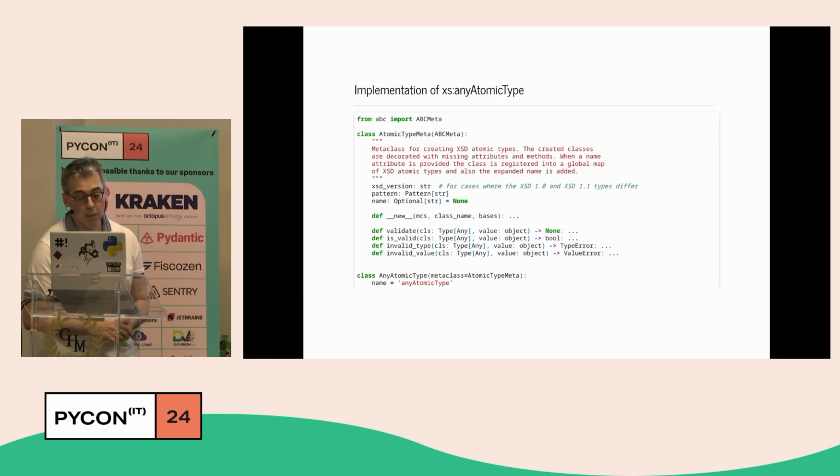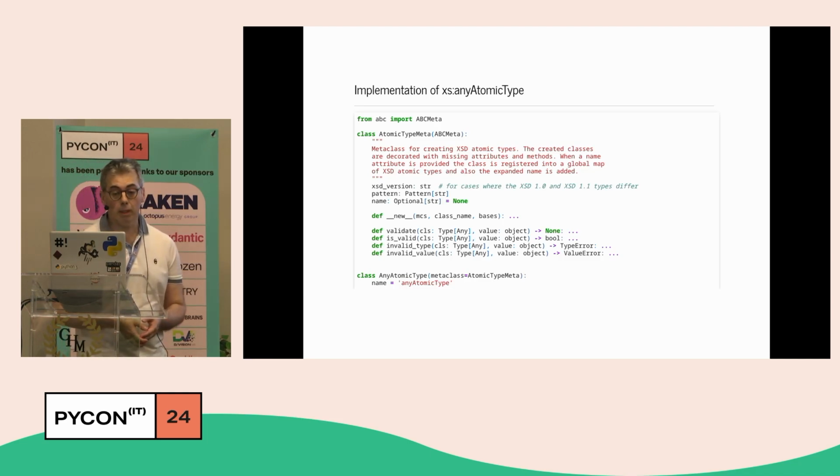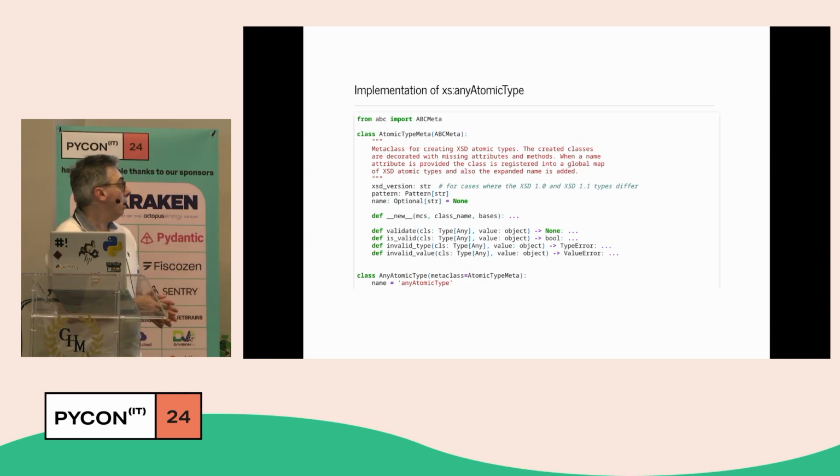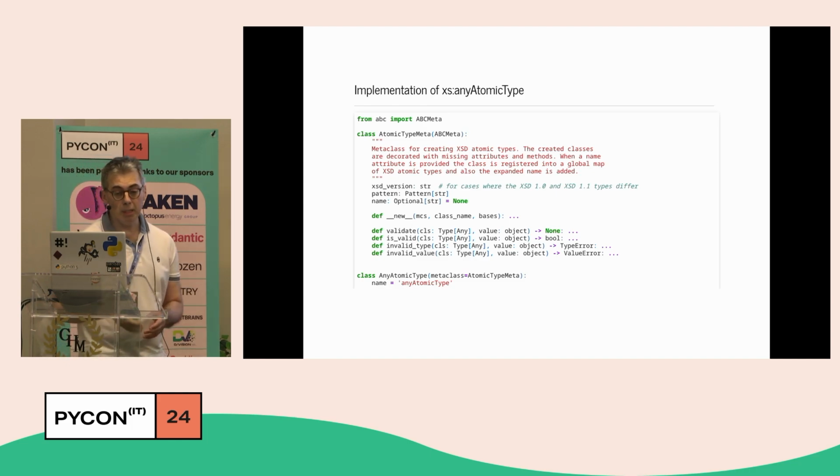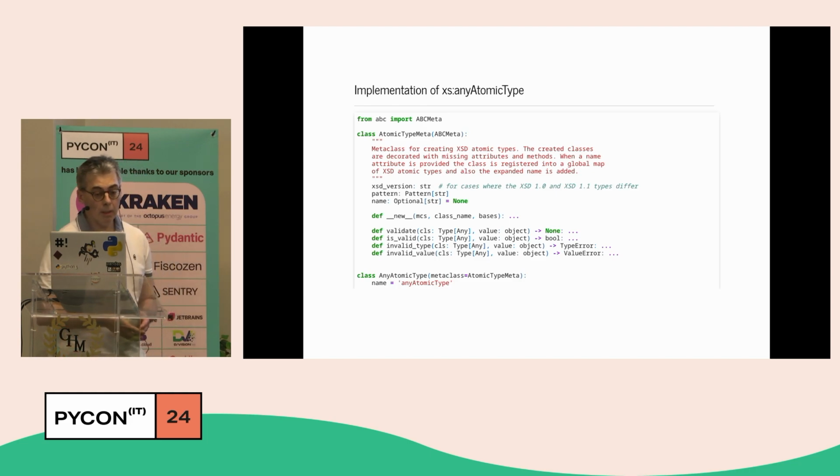Otherwise, I cannot imagine how I could do that, because the instance check is explicit in XPath, and so I have to reproduce this case in my code. I derived a metaclass for doing that, and then the atomic type.